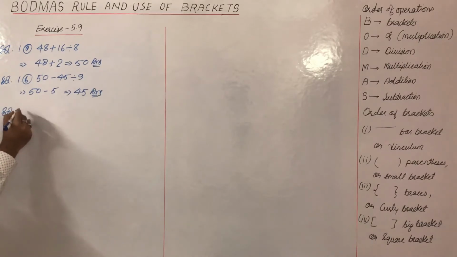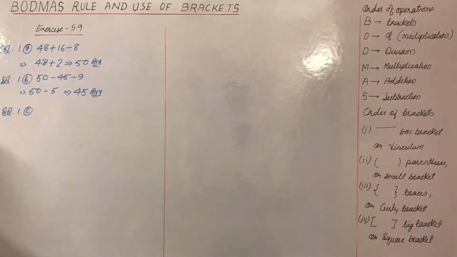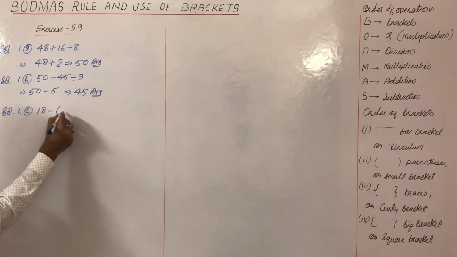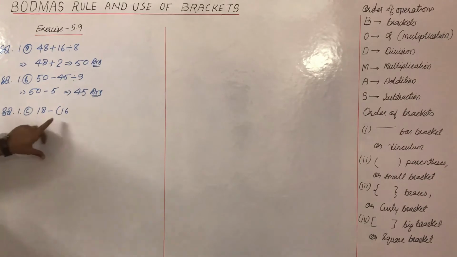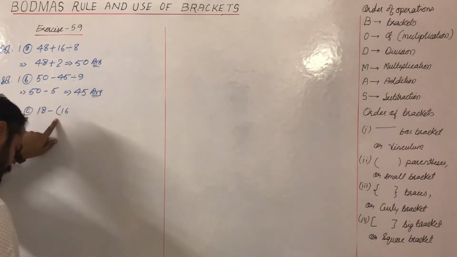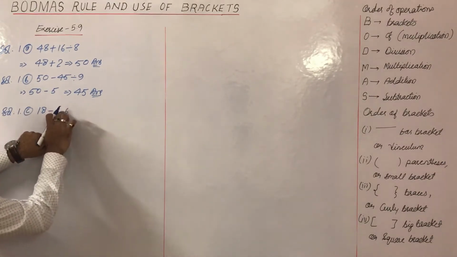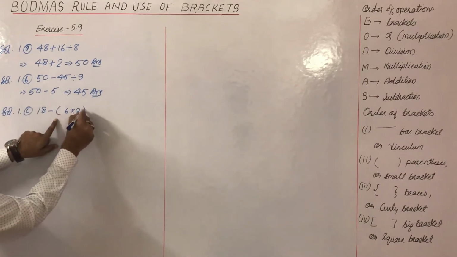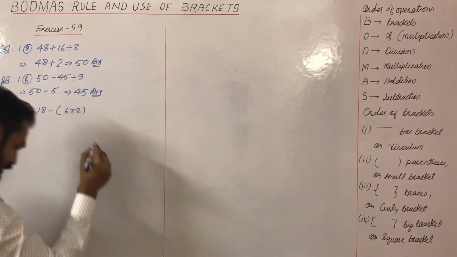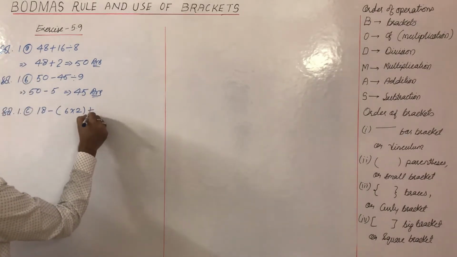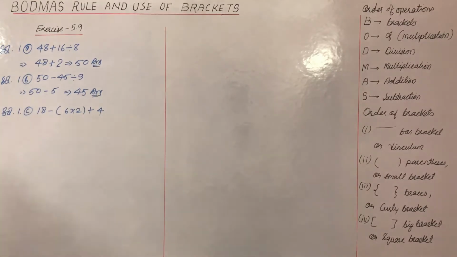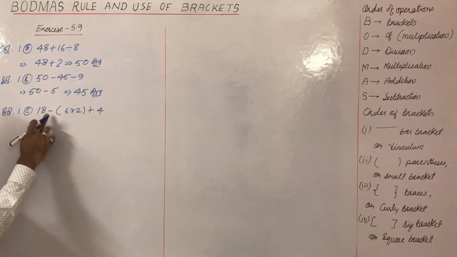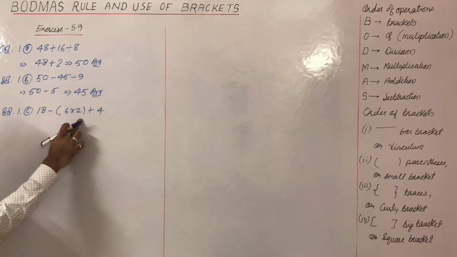Then part C. Part C is 18 minus, in bracket, and which type of bracket is this? Small bracket. So 18 minus, under small bracket, 6 into 2, and plus 4. Yes, plus 4. So now in this problem, 18 minus in bracket 6 into 2 plus 4.